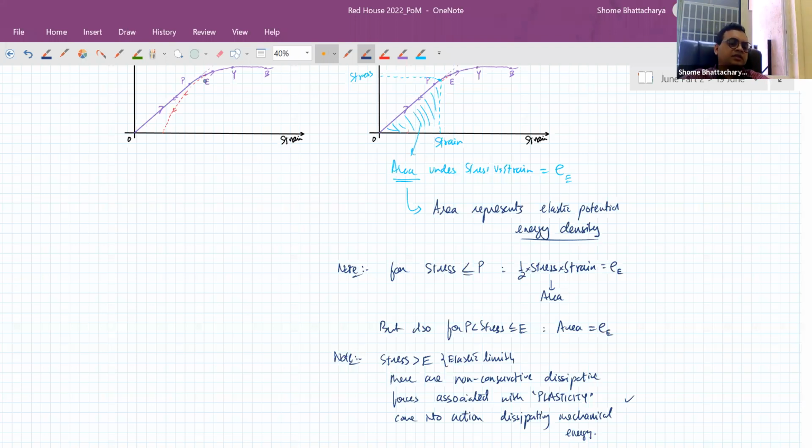Whereas the moment the level of stress crosses the elastic limit, then we don't talk about elastic potential energy or energy density anymore, because the material crosses over from an elastic behavior to a plastic kind of behavior, and there is permanent deformity caused by non-conservative forces.